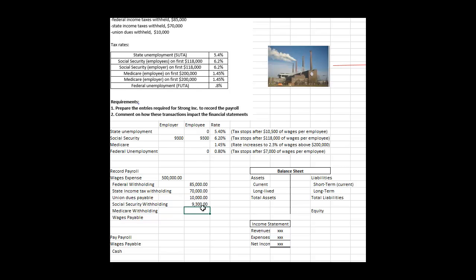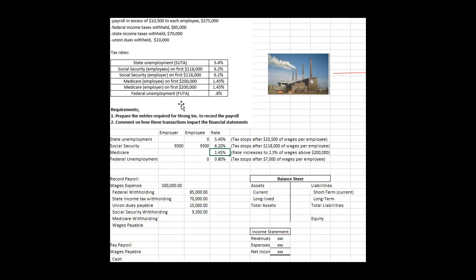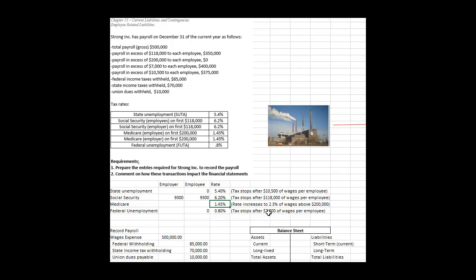And I do the same thing for the Medicare. Now the current Medicare rate is 1.45% up to $200,000 of wages in a calendar year. Once an employee exceeds the $200,000, the rate actually increases. So we've got to figure out which rate and how much of it is applied to this $500,000 up here.